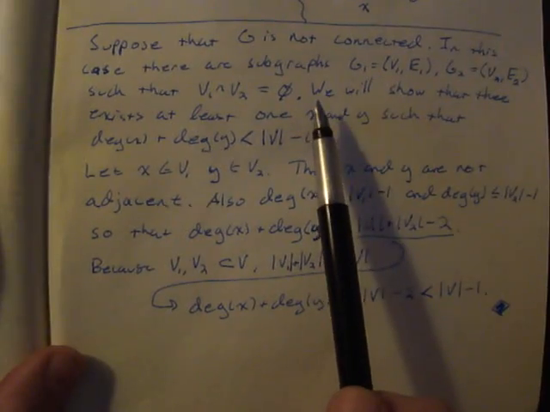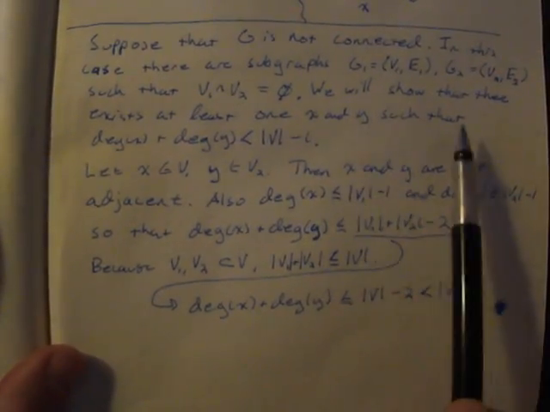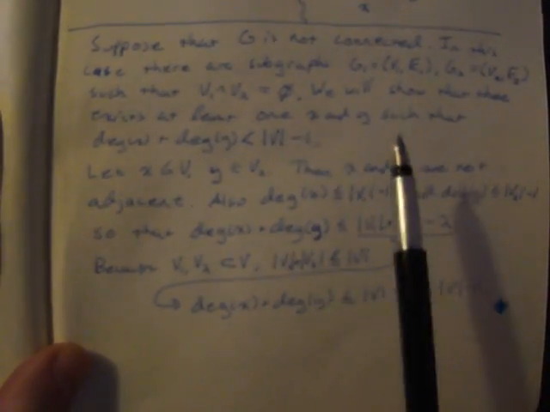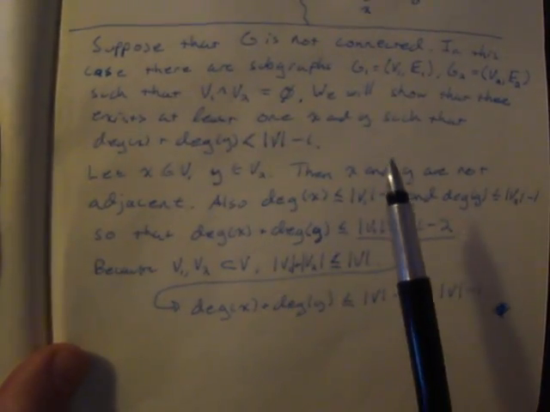What we will do is show that there exists at least one pair, x and y, such that the degree of x plus the degree of y is strictly less than the cardinality of the vertex set V minus 1, where V is the vertex set of the graph G. Well, we just pick an x and a y that are in the two separate vertex sets of the disconnected components.